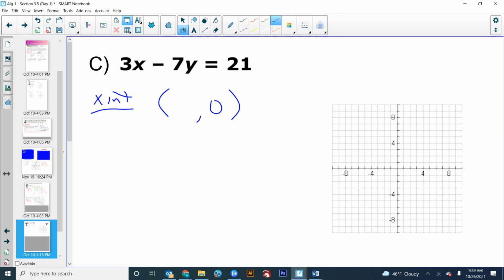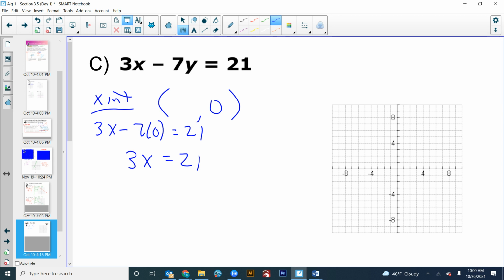Why? What's negative 0, or negative 7 times 0? 0. Just goes away, doesn't it? 0.